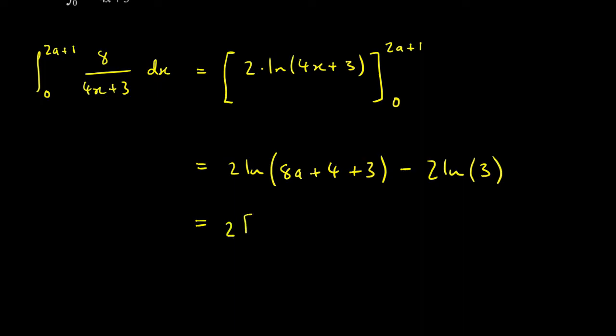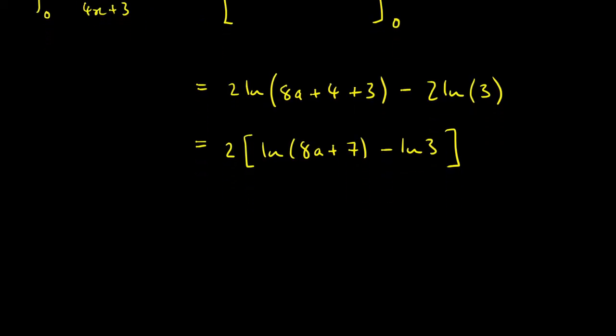So I get 2 bracket ln of 8a plus 7 minus ln 3. And I can use a log rule, because what I've got here is ln a minus ln b, and ln a minus ln b is ln a over b. So this is going to become 2 times the natural log of 8a plus 7 over 3.